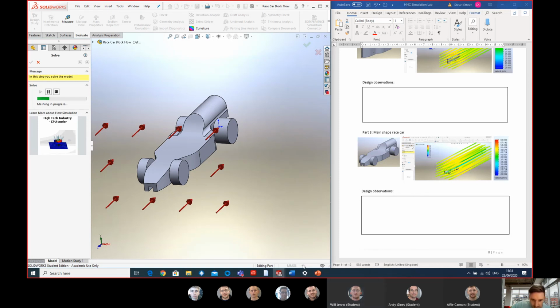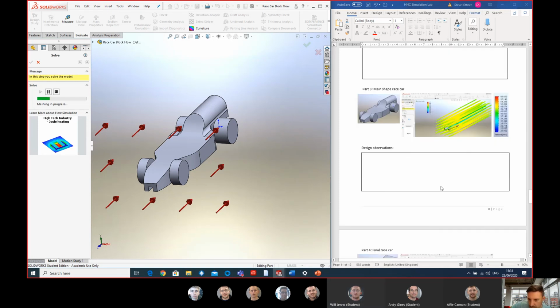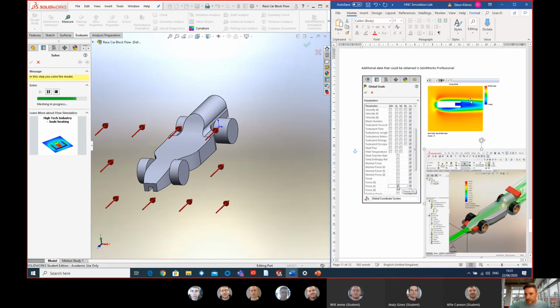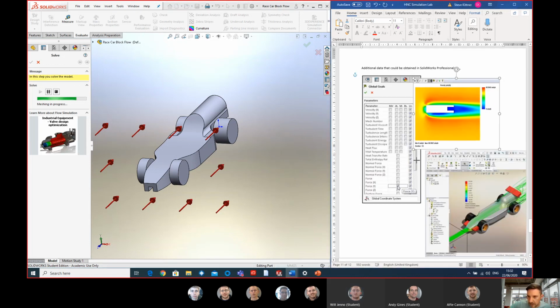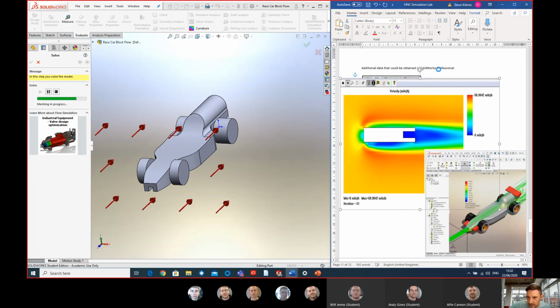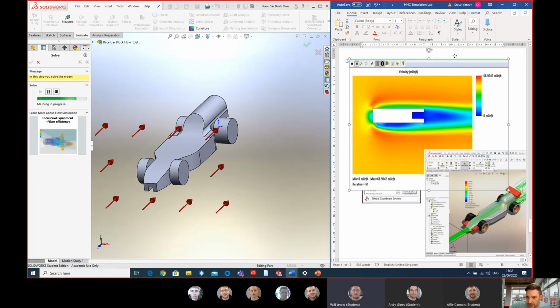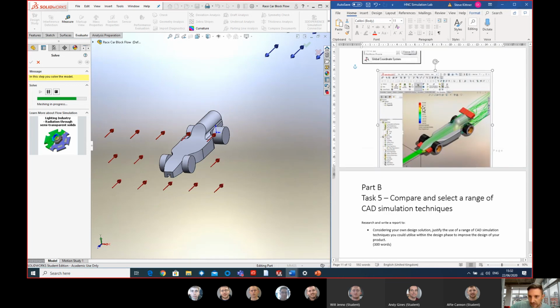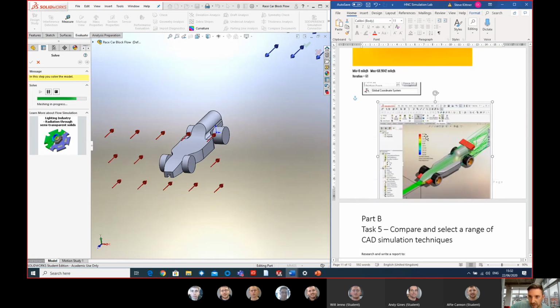Okay, so whilst that's running, I'm going to show this other one here. I'm unable to change the values and the figures on this one because of the part that we're on.